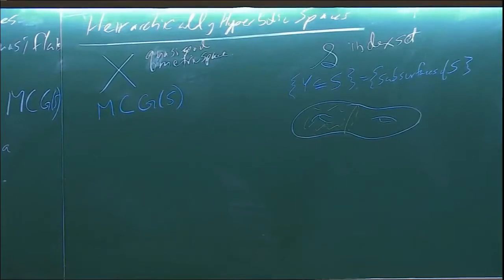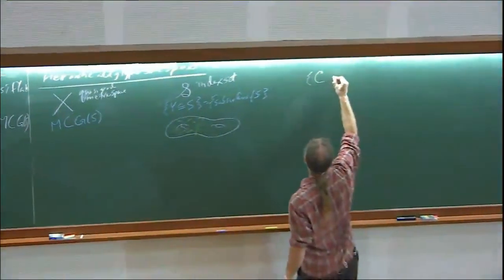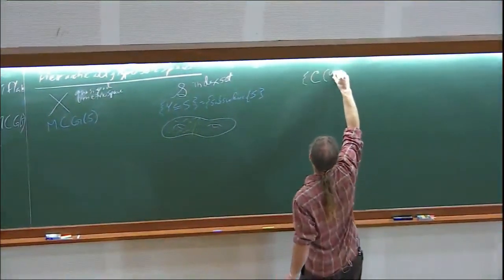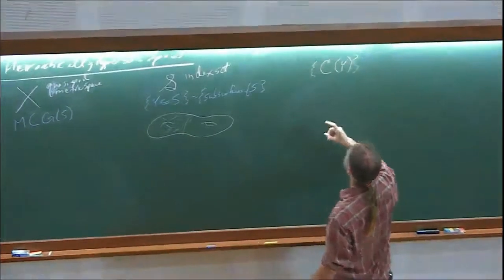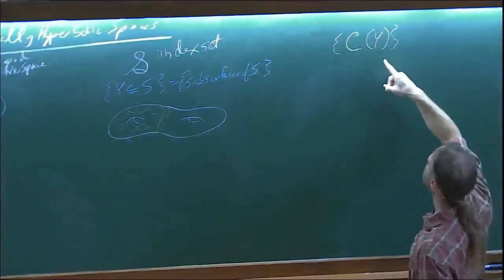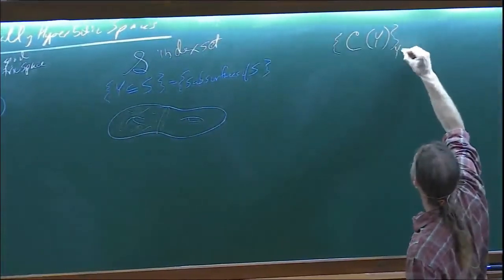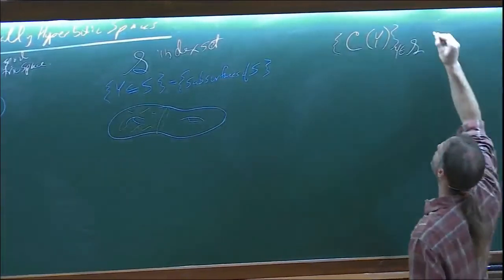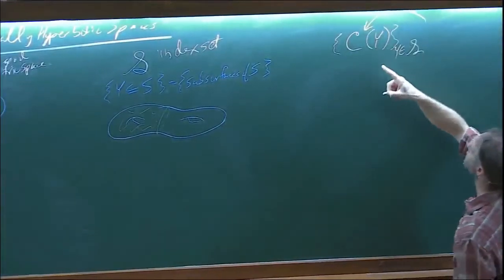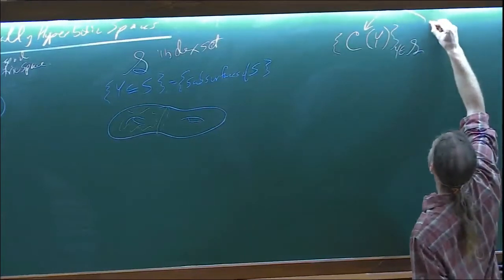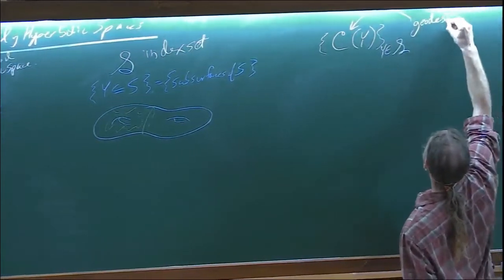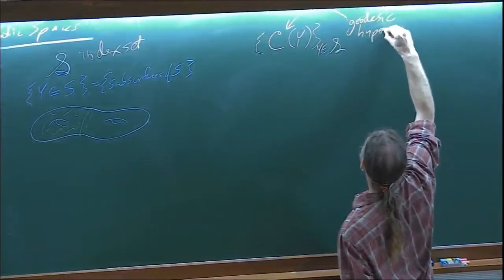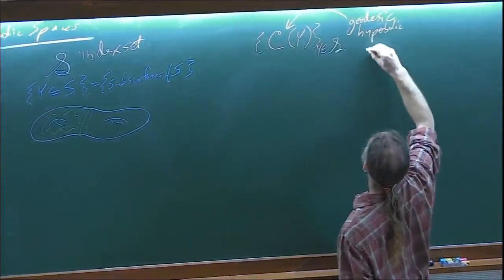Those are my set of subsurfaces, and then I'm going to have a collection of what I'll call C of Y. This is going to be a set of spaces which are indexed by my index set, and that's why it's an index set. Each one of these is a geodesic hyperbolic metric space.